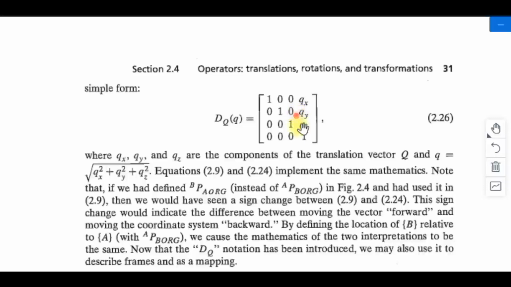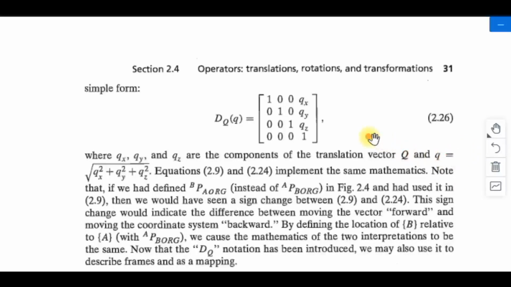Qx, Qy and Qz is the translation vector, and you know by this equation, Qx squared plus Qy squared plus Qz squared is equal to Q squared.